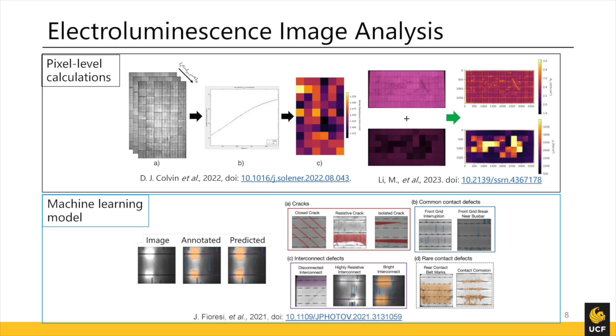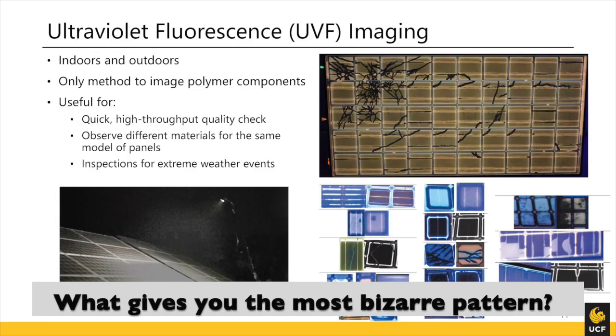Do you have questions, Alan? When he was talking about the UV fluorescence image analysis, yes, that. Yeah. There you go. And how different phenomena cause different kinds of damage. What gives you the most bizarre pattern? That's interesting. Most bizarre.